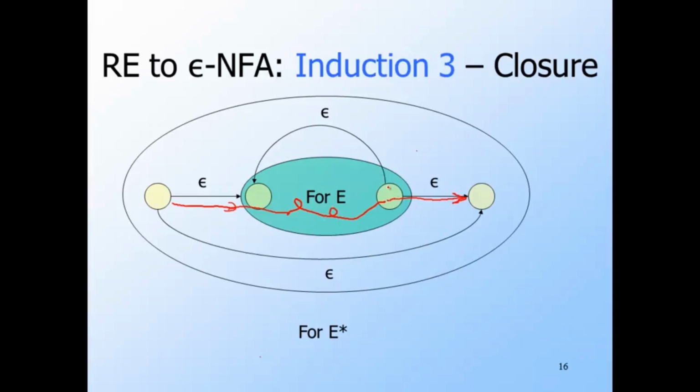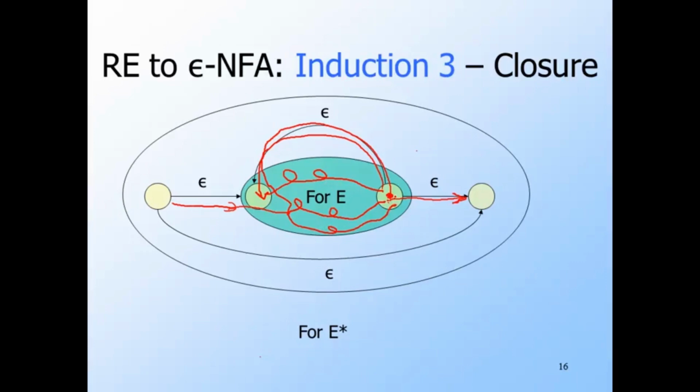Or we have another option. We can go from the old final state back to the old start state, maybe take another path to there. Now we have a path that has a label that is the concatenation of two strings from the language of E. And we can go back again, take another path, and the label of that path would now be a concatenation of three strings from E, and so on.